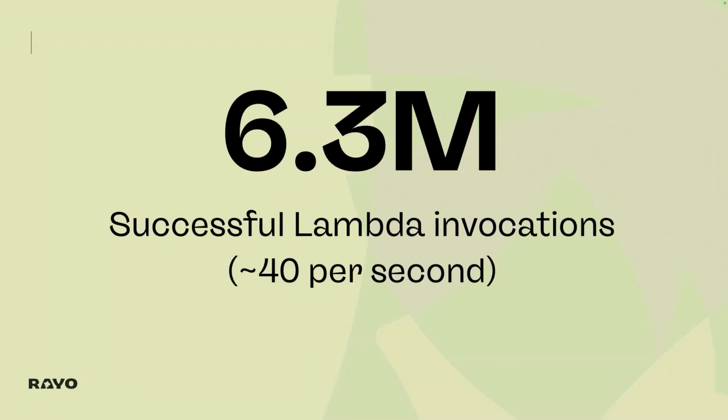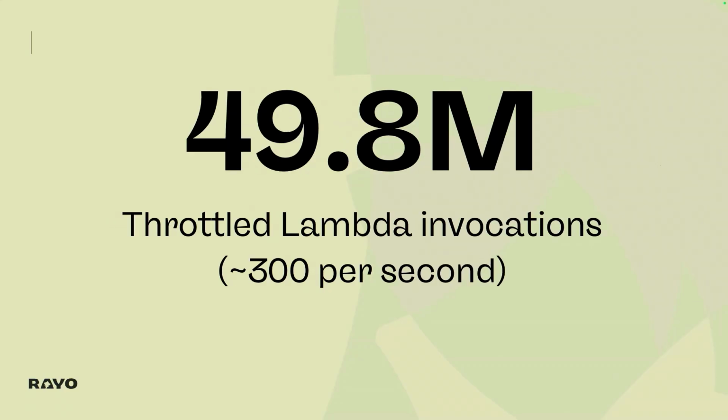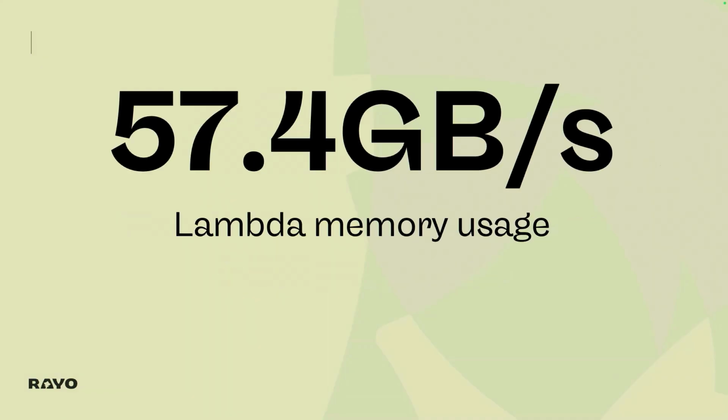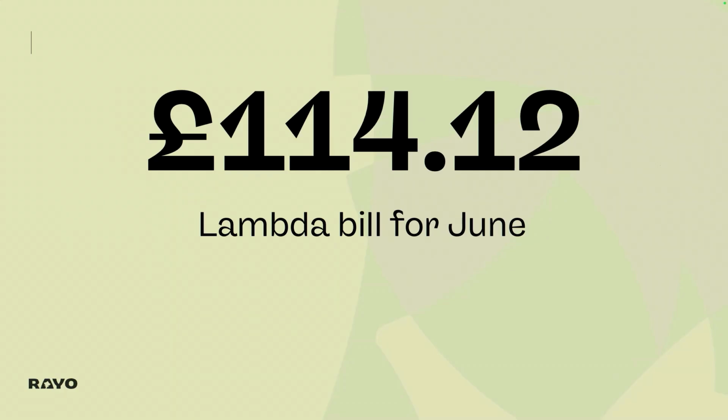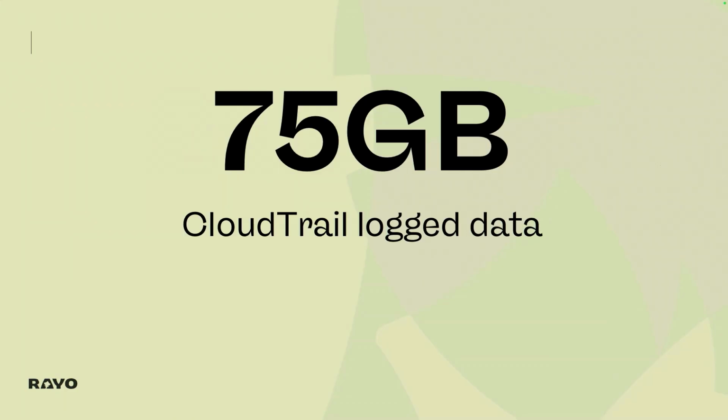It was 6 million Lambda executions that worked. And again, it was a dummy Lambda function, so it didn't actually do anything. Almost 50 million were throttled because Lambda has a sensible concurrency limit. It used 57 gigabyte-seconds of Lambda processing time, which made the Lambda bill £114.